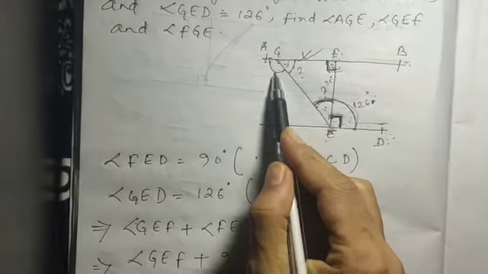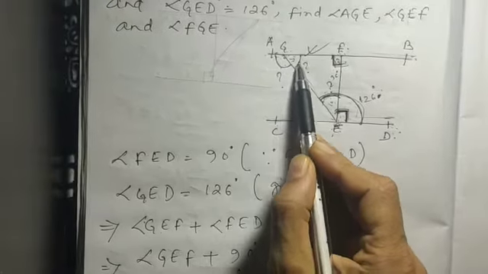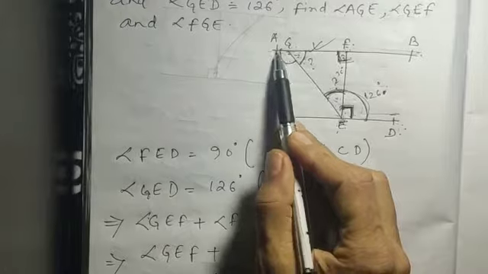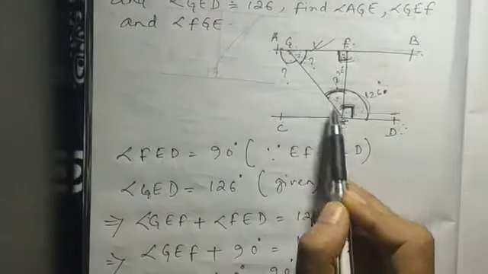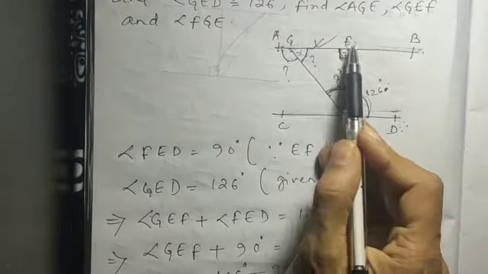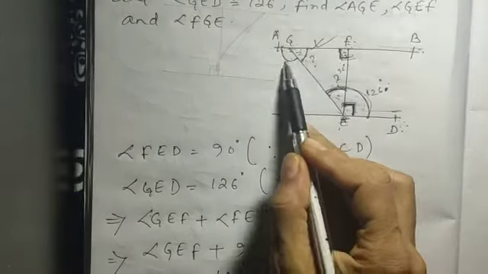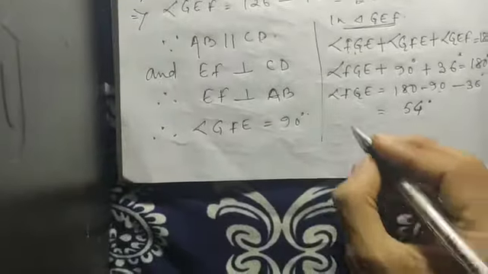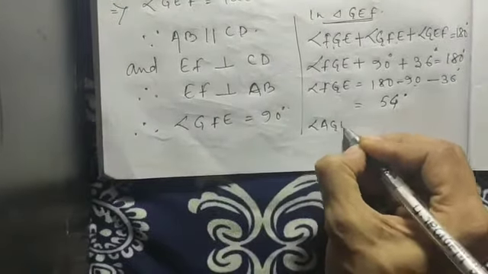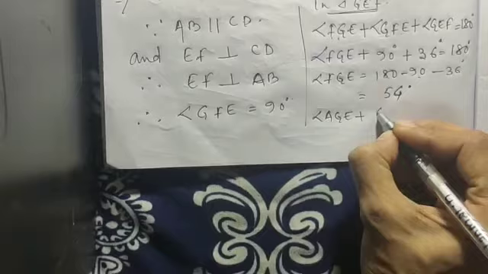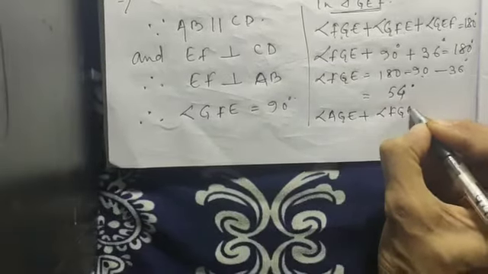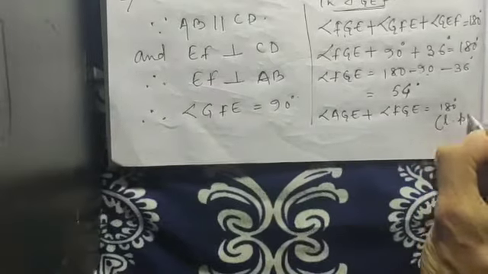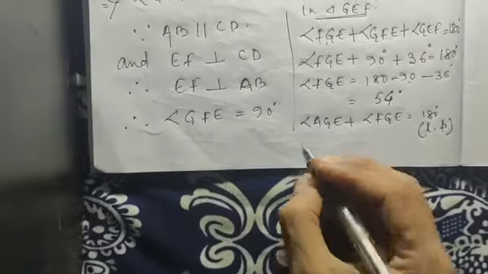Now what is left? This angle. Now you can see this angle plus this angle, these two angles make a linear pair, yes or no? So angle AGE plus angle FGE, the sum of these two angles is a linear pair, right? So angle AGE plus angle FGE is equal to 180 degrees. Why? Because of linear pair, which we have discussed in previous classes.